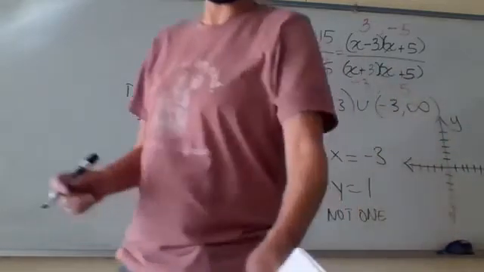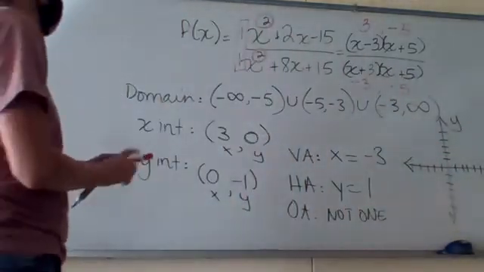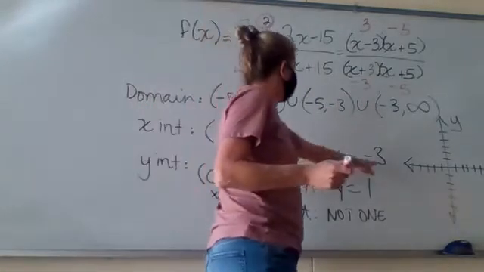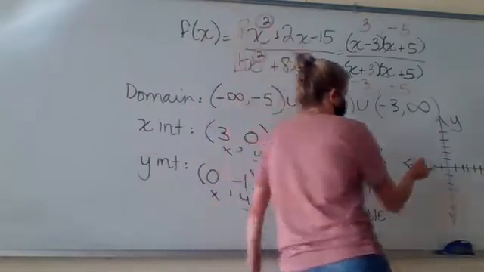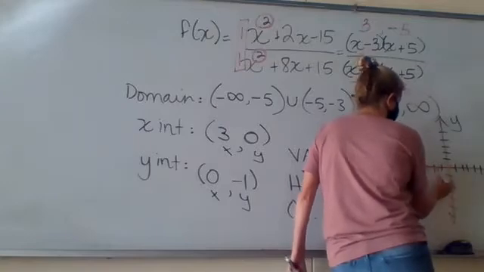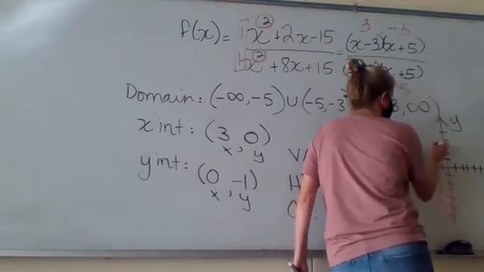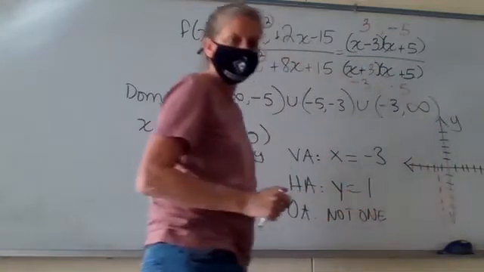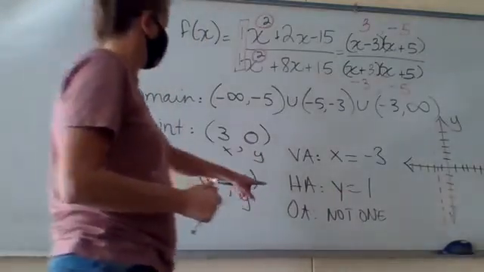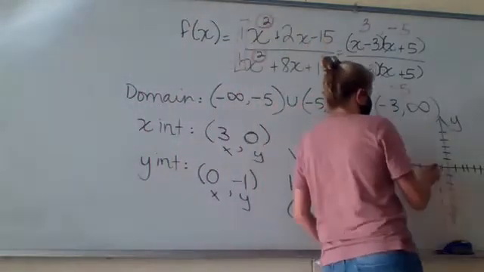Let's put in our vertical asymptotes, or just the one, right? There's only one at x equals -3. So there's your only vertical asymptote. Your horizontal asymptote is at y equals 1.